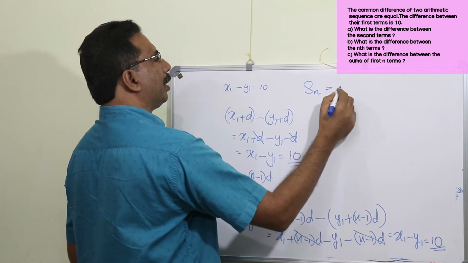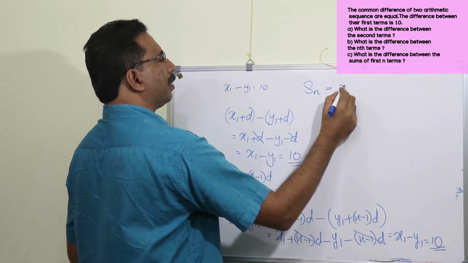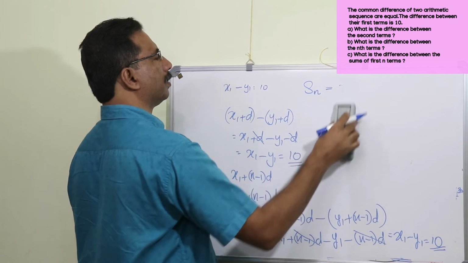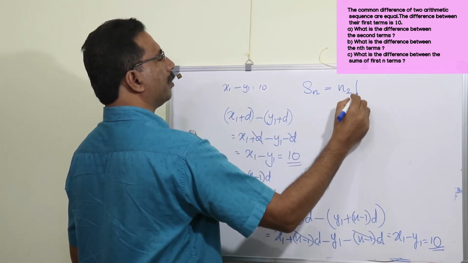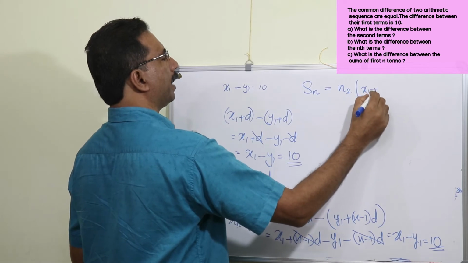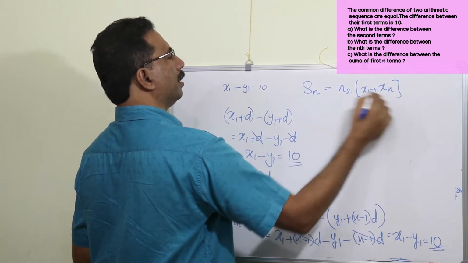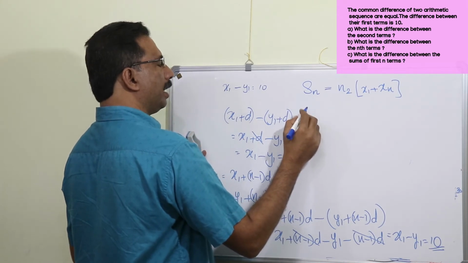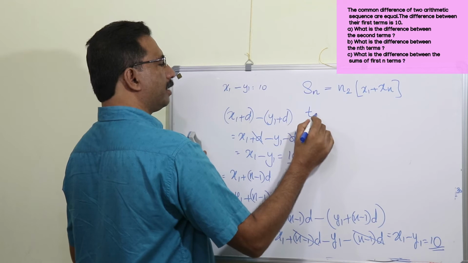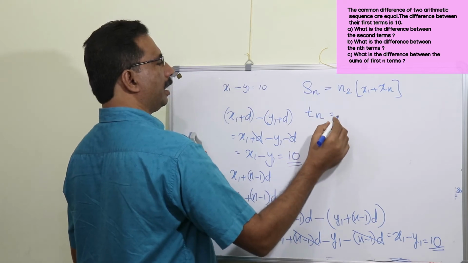Sn is equal to n by 2 into x1 plus xn. Now, the sum of the first n terms of the second sequence, let us take it as Tn.